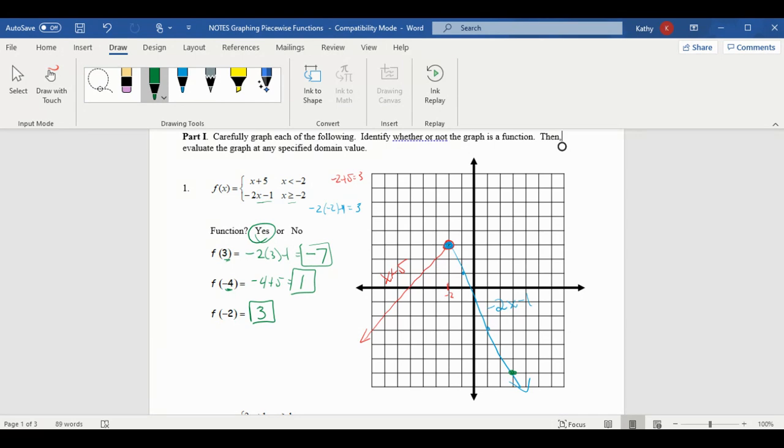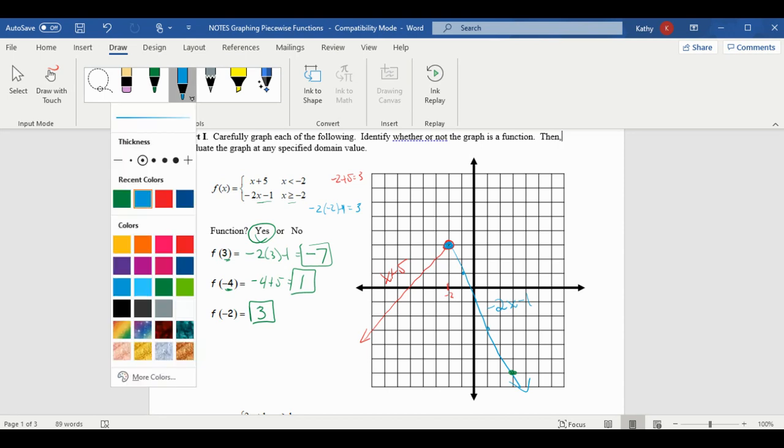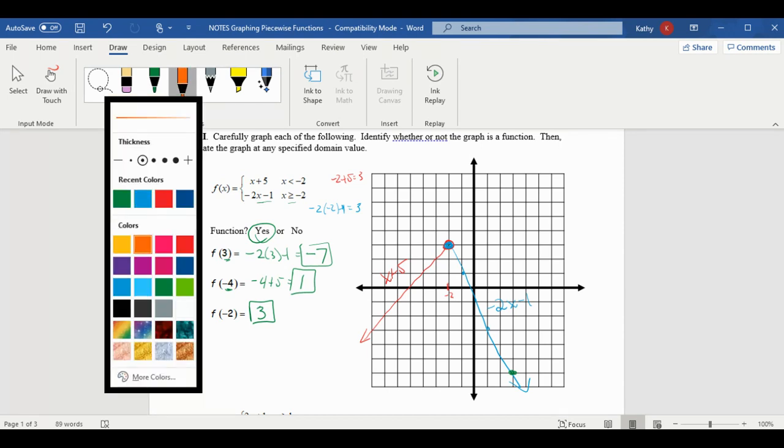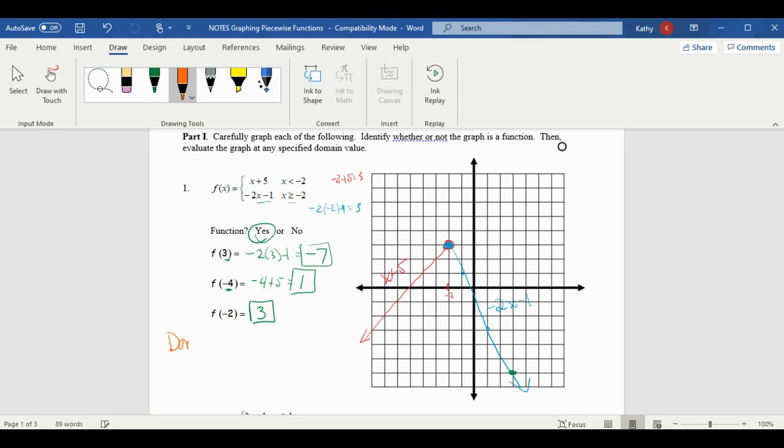After we evaluated this, we're going to also add to our list domain and range. So the domain of our function: now that we have a whole picture, go left to right, and you should be able to see that our domain contains everything from negative to positive infinity.